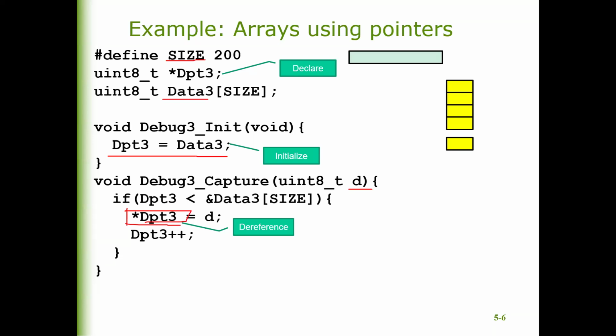So this is the D dereference, and this will go to this pointer, and D will be saved in the first location. Okay, makes sense. And dpt3++ increments the address, and then it will go to the next address.